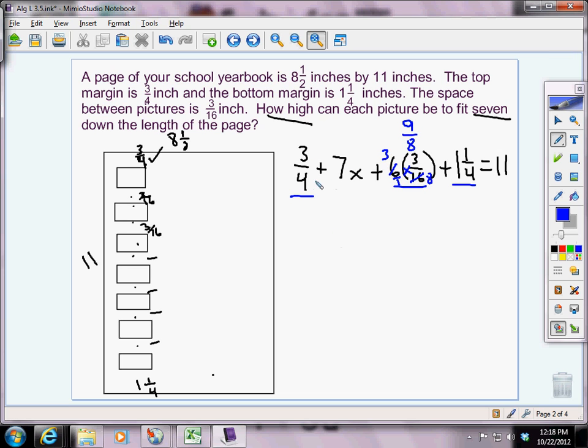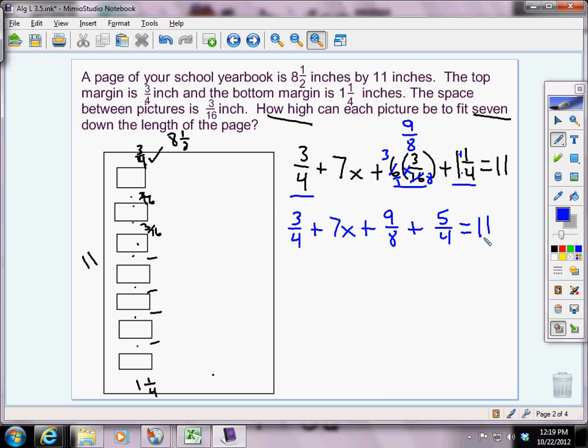So our like terms are 3/4, 9/8, and 1 1/4. Remember, before we can add, we have to have them all with common denominators and all in the same form. So I'm going to rewrite this as 3/4 plus 7x plus 9/8 plus, making this an improper fraction, 4 times 1 is 4, plus 1 is 5/4, equals 11.